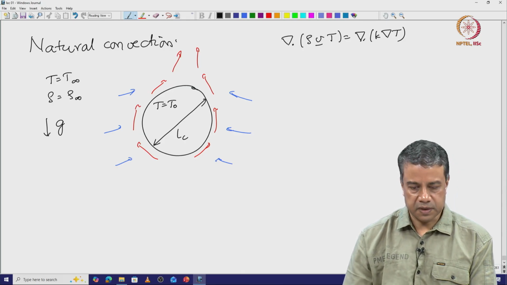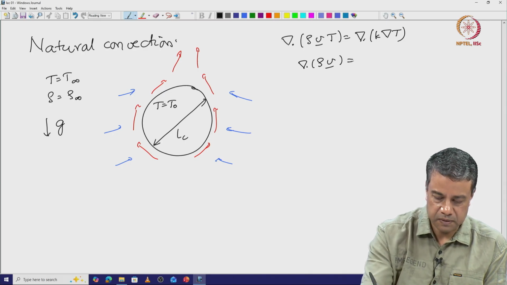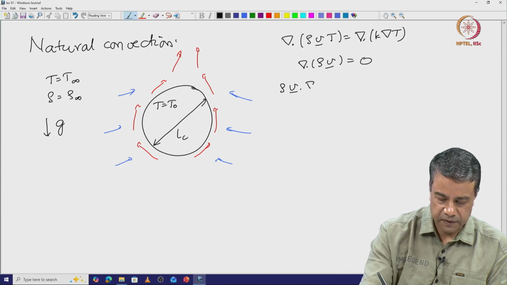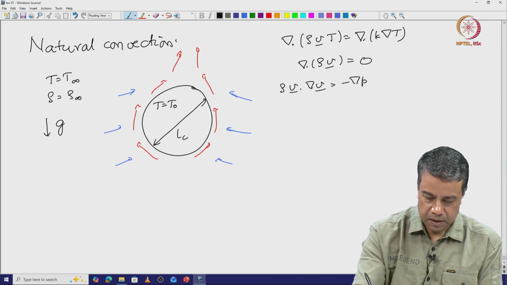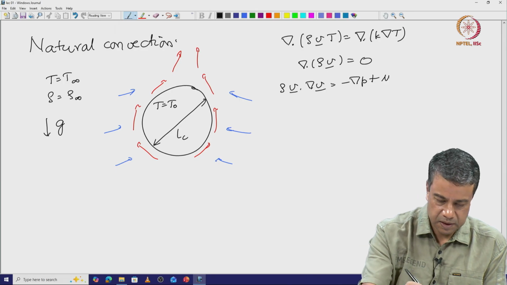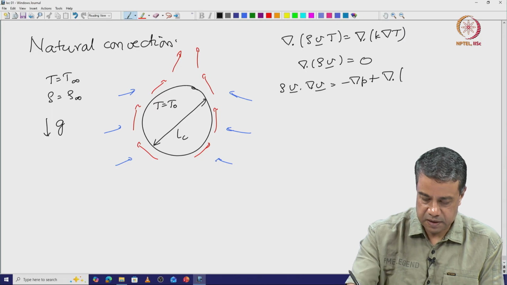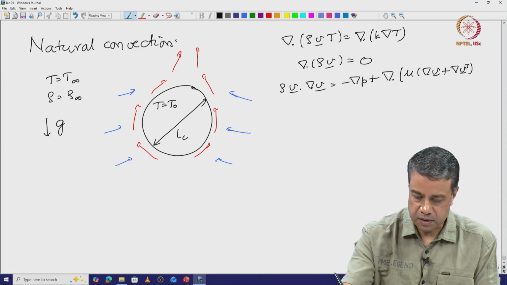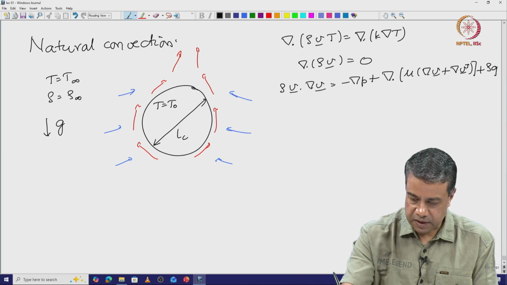And the Navier-Stokes equations are divergence of rho times the velocity is equal to 0 and rho v dot grad v is equal to minus grad p plus mu, I should take the divergence of the viscous stress, transpose, plus rho times the gravitational acceleration.